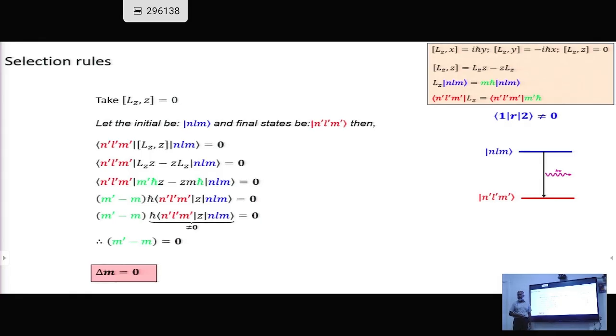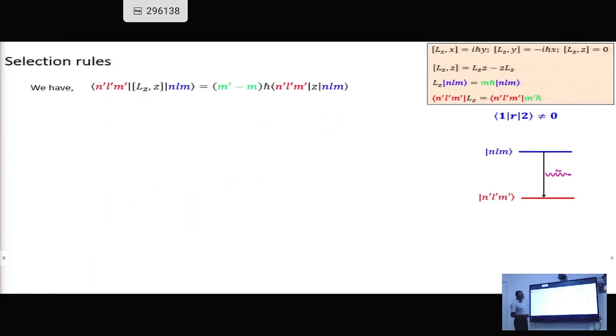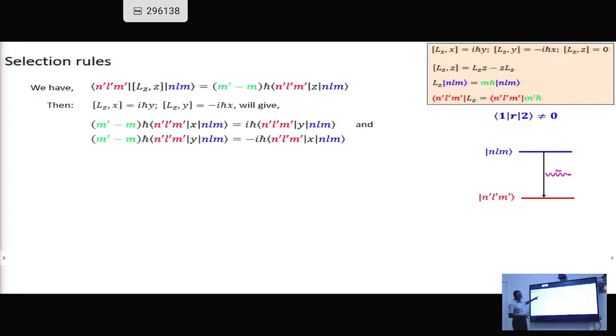Delta M can be 0. And next one, take the other, so this is from LZ, Z, we got this result, right? So for LZX and LZY, you get these two. So what you can see is, for the similar expression here, say with an X, right?